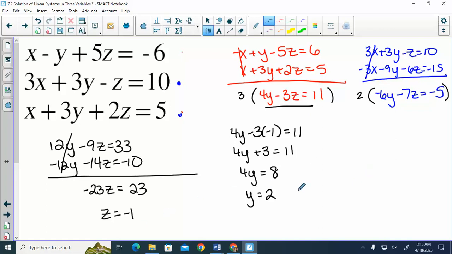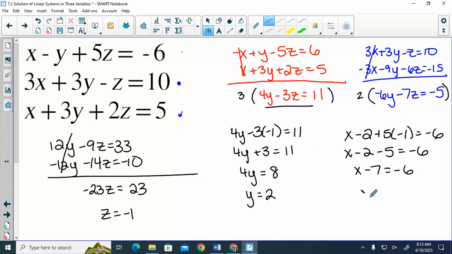Now we have y and z, so go back to one of the originals to get x. So if I just do the first one, so x minus y plus 5z, then you get 1.